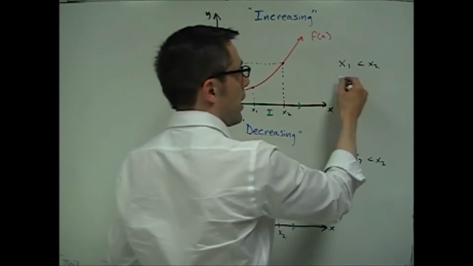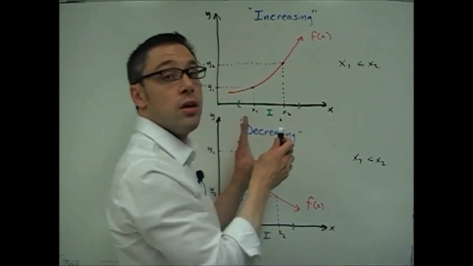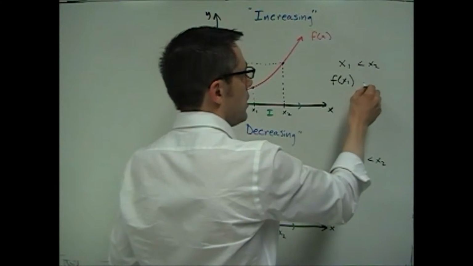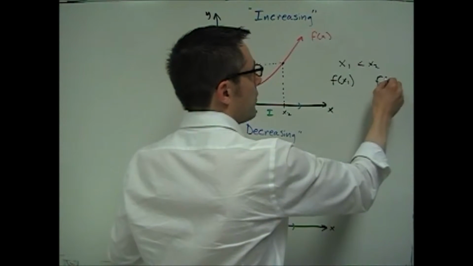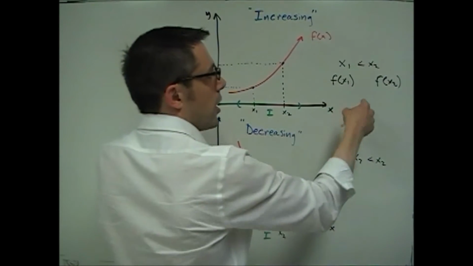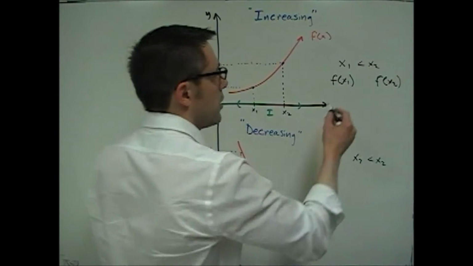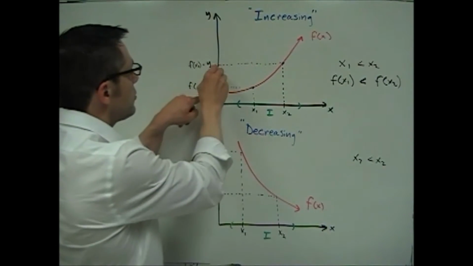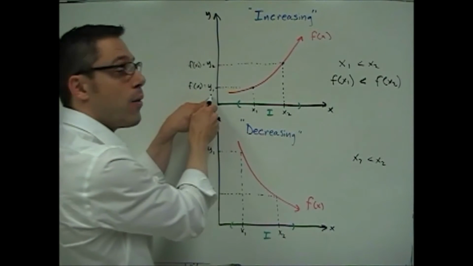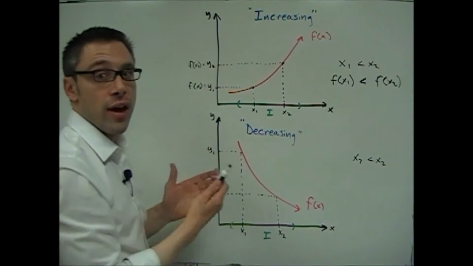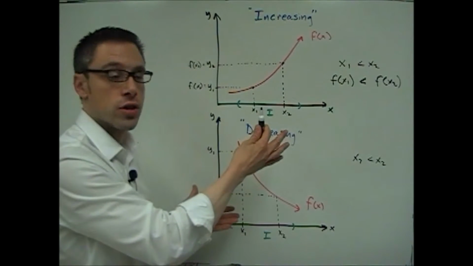So using the terminology in the definition, f of x1 is clearly below f of x2. In other words, this y2 is higher than this y1. Well, that's really f of x2, and y1 is f of x1. So that's an increasing function.